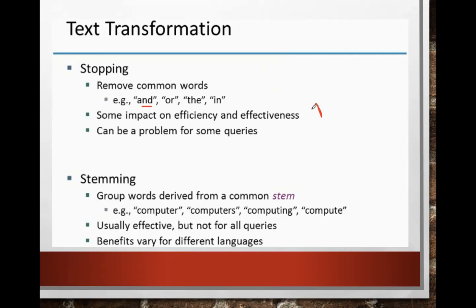So there is a UK brand, the, and in such cases it becomes a problem. If you remove the stop words, then it will be difficult to find information about the UK brand.